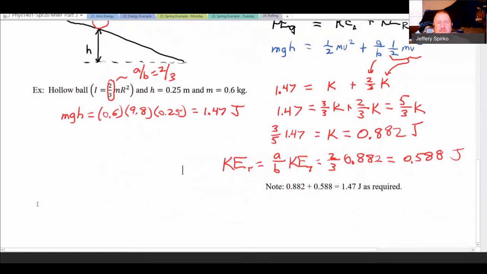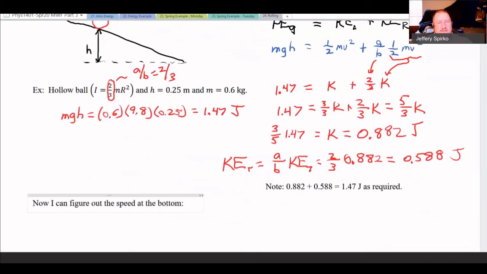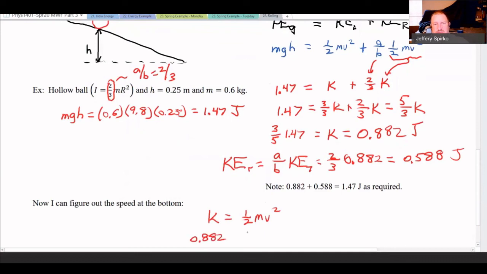So now the last step is I can figure out the speed at the bottom, because K is equal to 1/2 mv squared. So my 0.882 is equal to 1/2 times the mass, which is 0.6, times v squared.